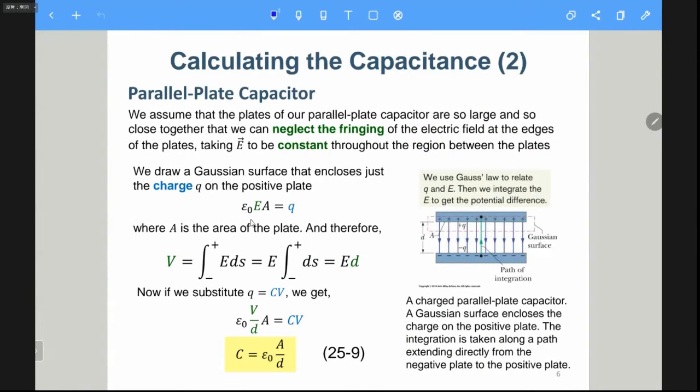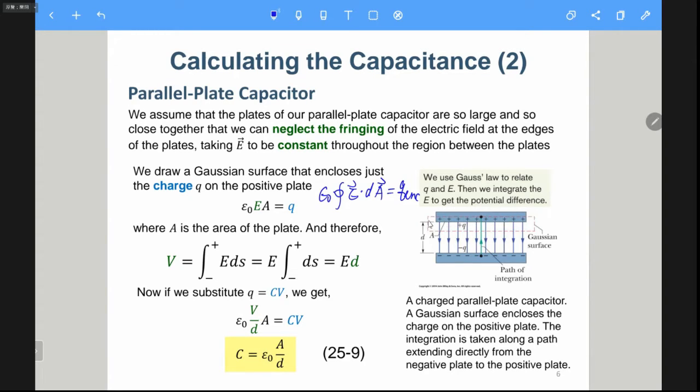Now we can apply Gauss's law. Gauss's law is written as the integral of E dot dA equals Q enclosed over epsilon naught. Here we consider the Gaussian surface to be this red dotted box. This side is inside the capacitor plate, so there is no E field crossing through this surface.